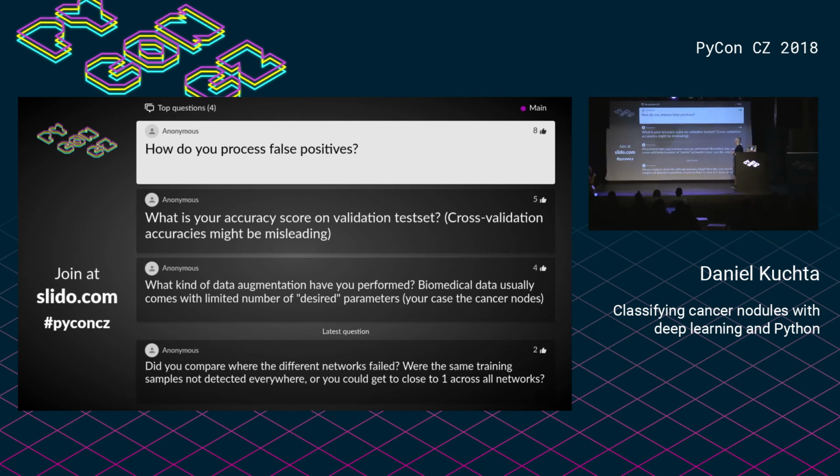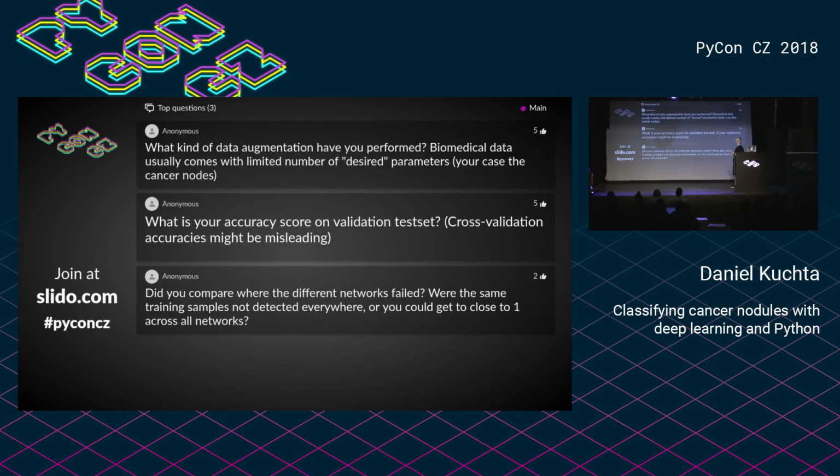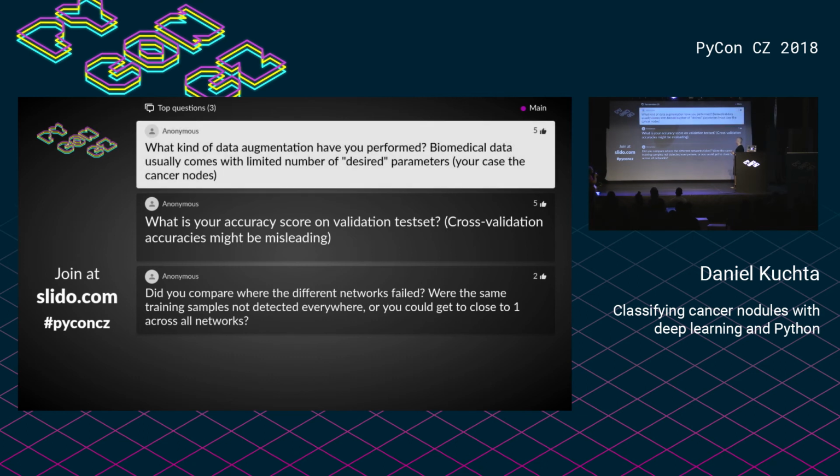Right, thank you. And could I have a very quick answer to the next question? What kind of data augmentation have you performed? Because biomedical data usually comes with a limited number of desired parameters.